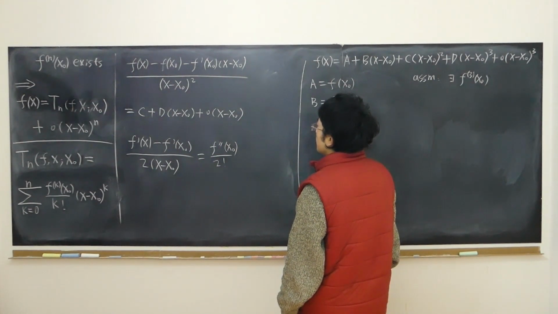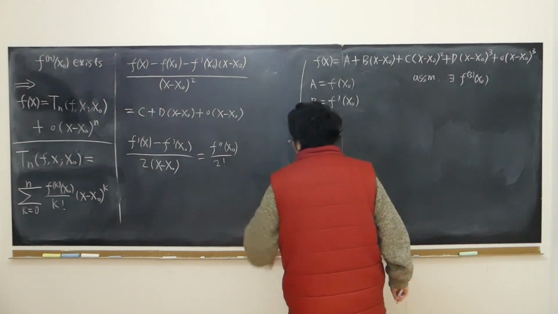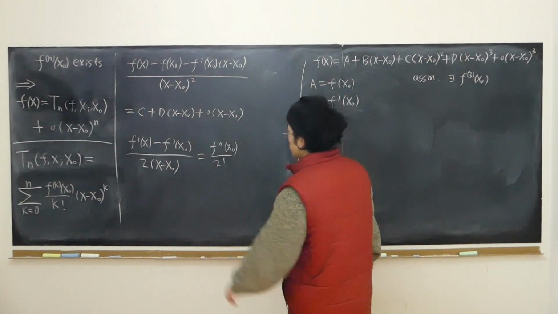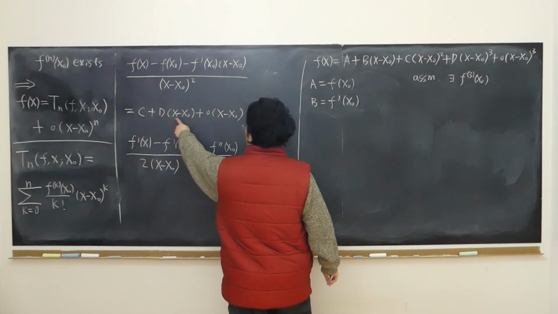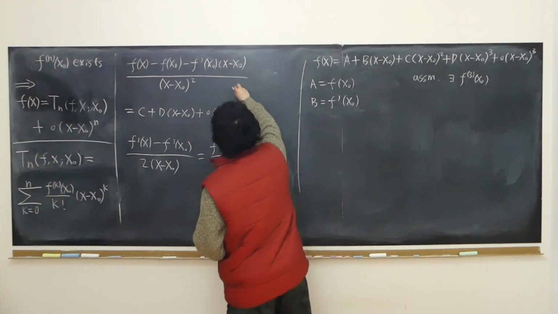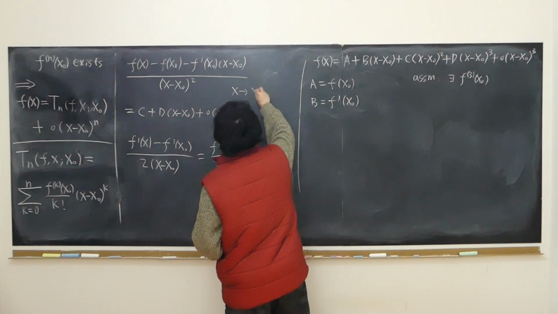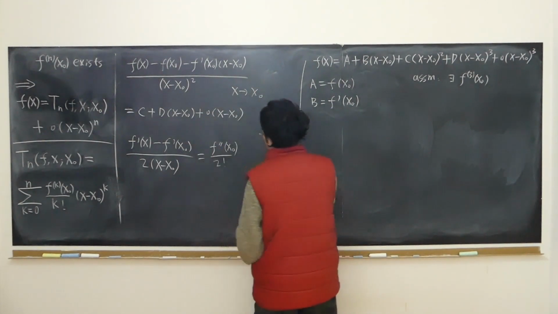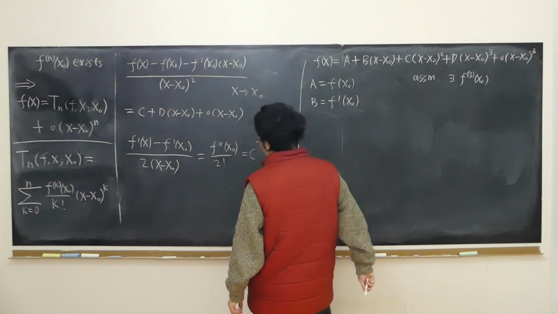So on our left-hand side, our limit seems to be this one. How about the right-hand side? C remains c, and this approaches 0, obviously, as x approaches x naught. This also approaches 0 easily. So therefore, c should equal this one.